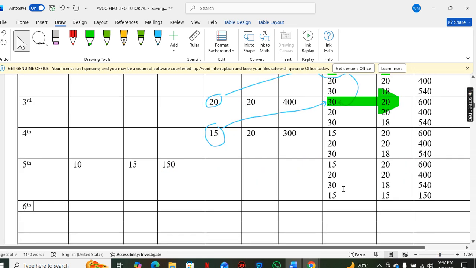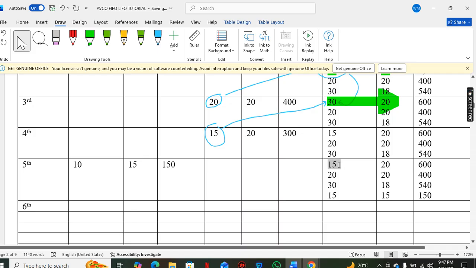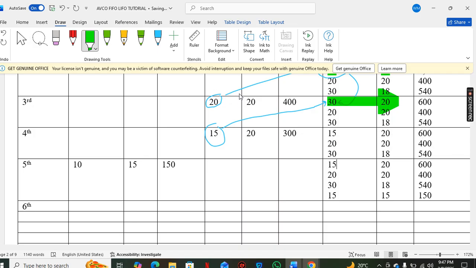Now, as we can see here, we're removing from this first batch here. So basically these 35 units, we're removing them from 2 batches. So the first 15 units will be removed from our oldest batch here.